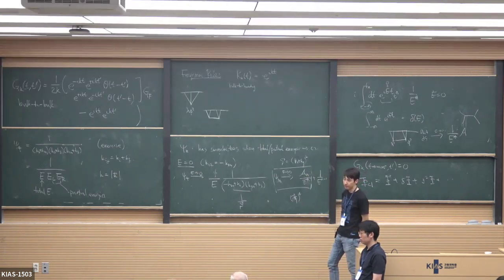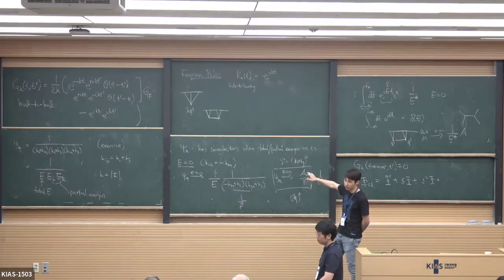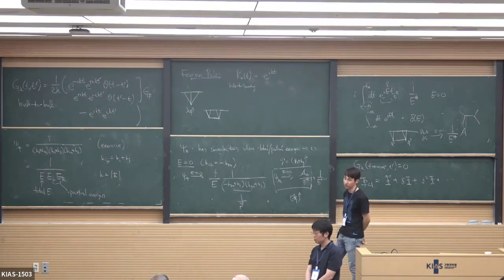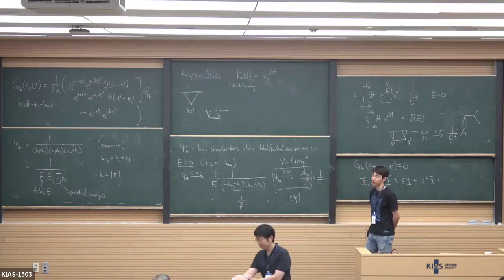There's no problem. Here I'm not considering the dynamics of gravity. In the path integral, when I define the wave function of the universe, I'm not really integrating over the background metric.